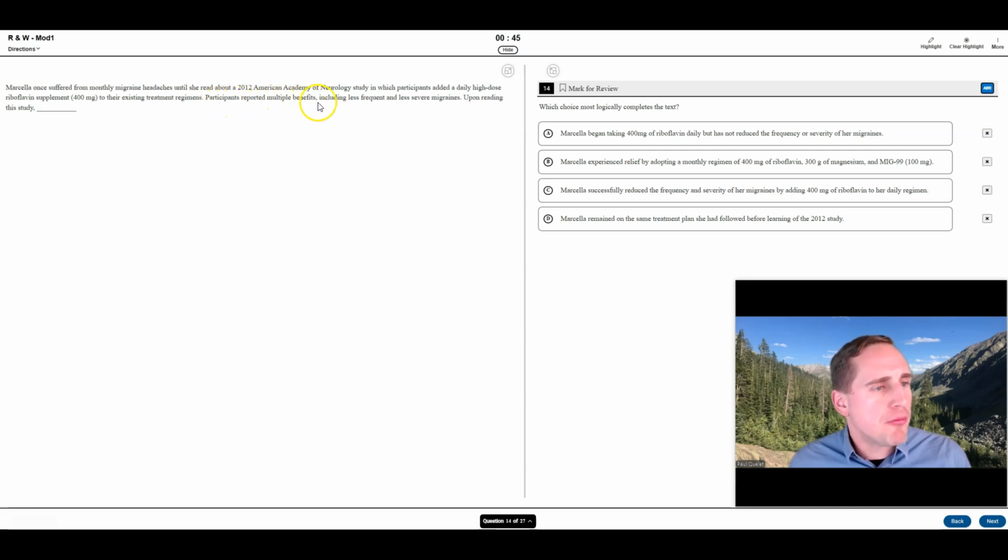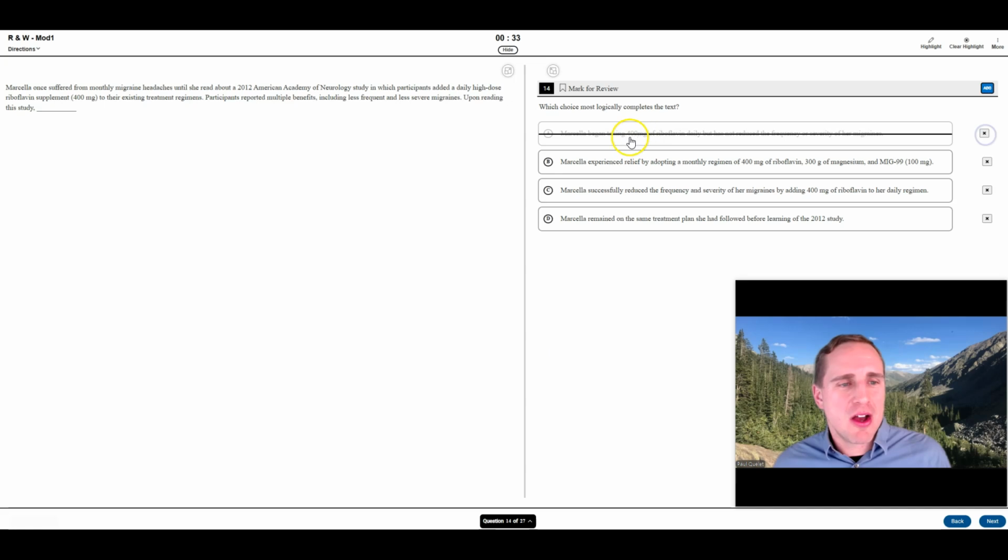Participants recorded multiple benefits, including less frequent and less severe migraines. Upon reading this study, did she take riboflavin but not have reduced frequency of her migraines? No. Did she experience relief by taking the riboflavin and other things? Not necessarily. We can't be sure about that.